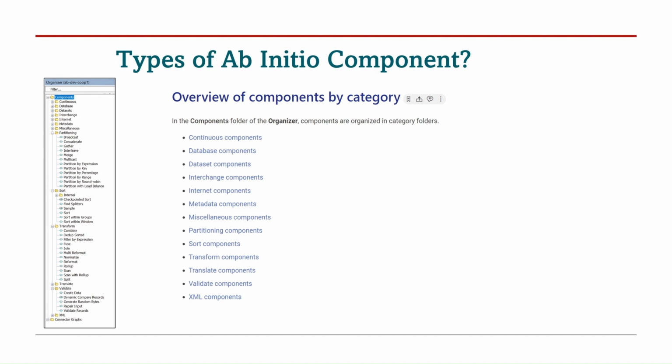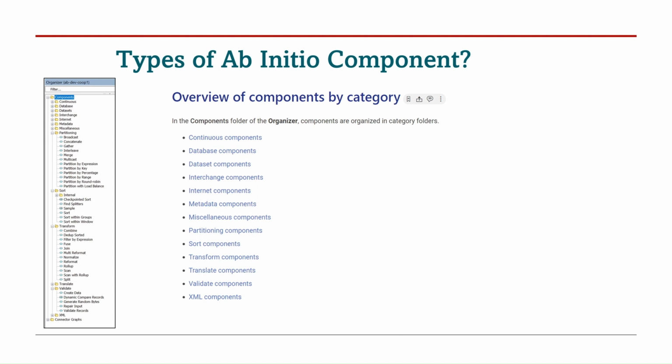The dataset components are similar, used to read input files or particular datasets. You can also see other components: interchange components, internet components, metadata components, partition components, sort components, transform components, translate components, validate components, and XML components.